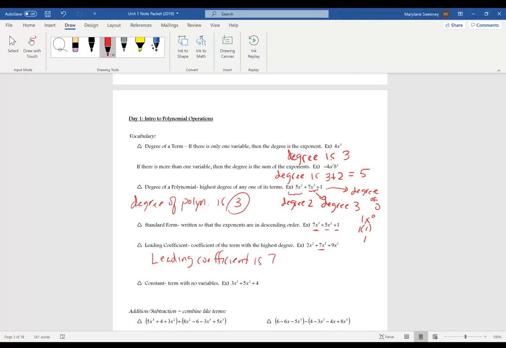Or, sometimes people will say, well, leading, wouldn't that be the first one? Well, it is the first one if you were to rewrite this into standard form. Then it is the first one, the 7. Constant is a number without a variable. So the constant in this case is the 4, the number without the variable.